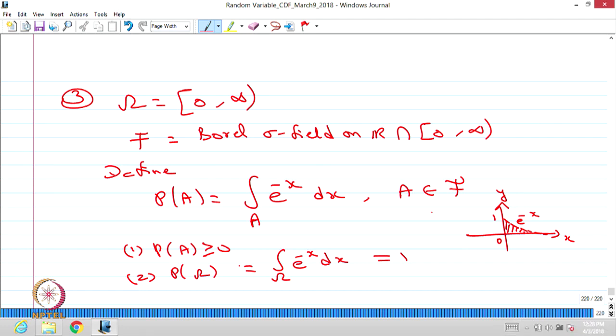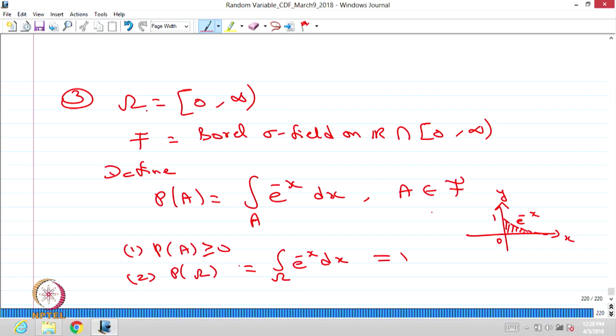So the third condition is also satisfied, therefore we can conclude this P is going to be a probability. We can have many more P for the same omega and F. So this is the easiest one, omega, F and P, that is a probability space.